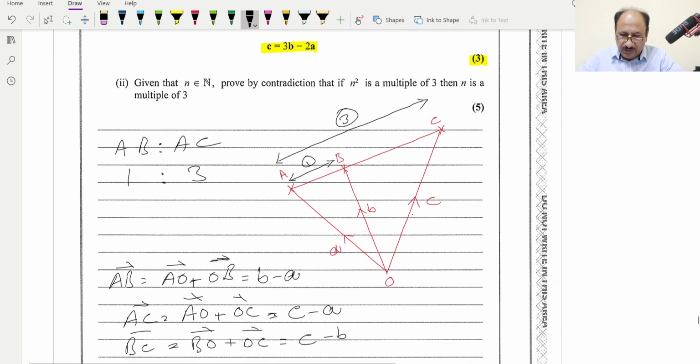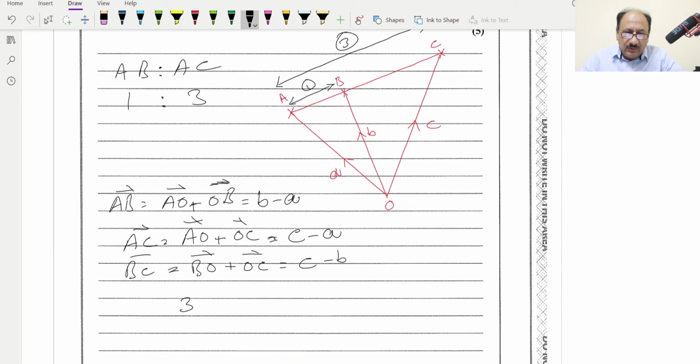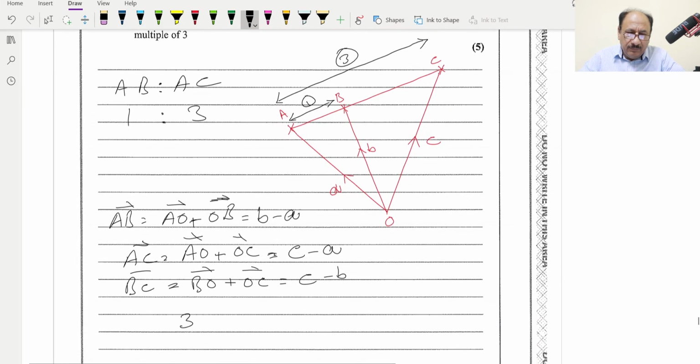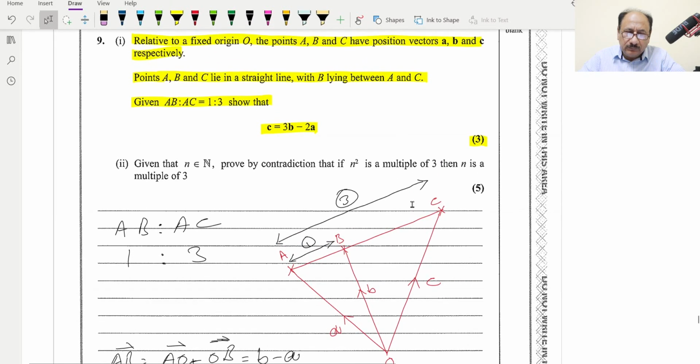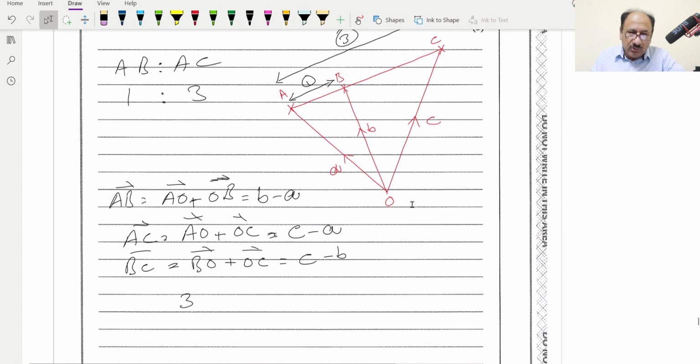So these are the vectors, and by the condition of the question, we know that 3 times AB will be equal to AC. This is the equation.